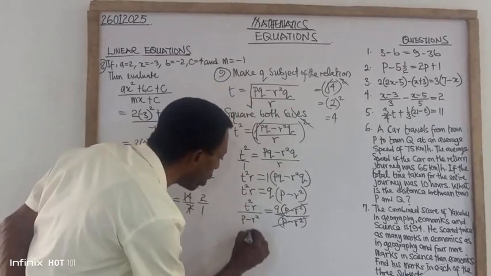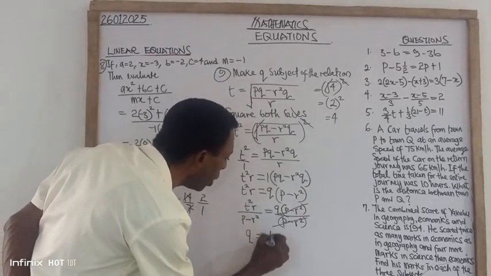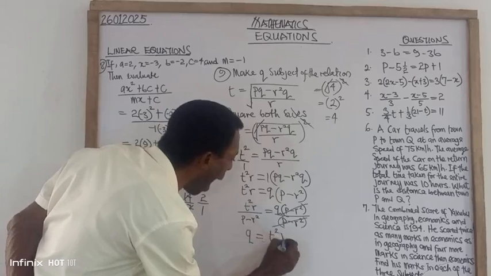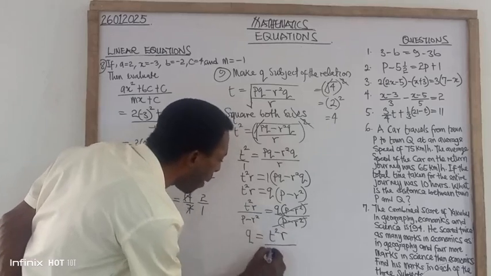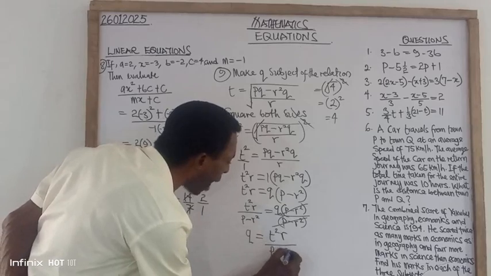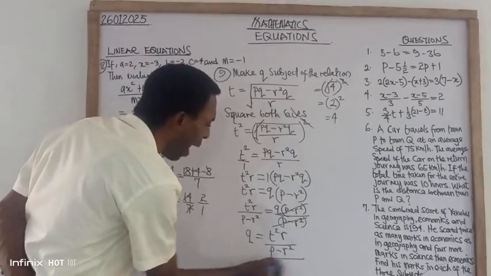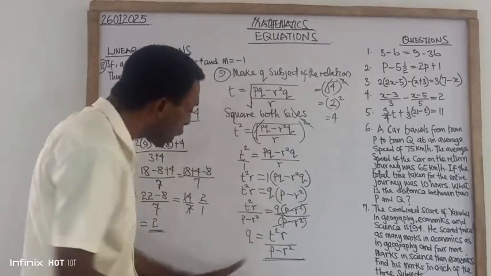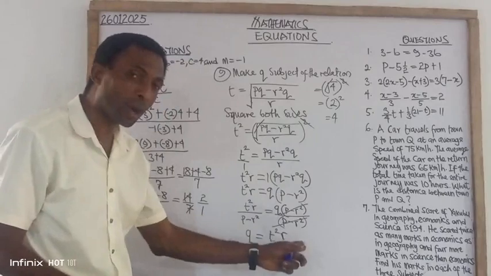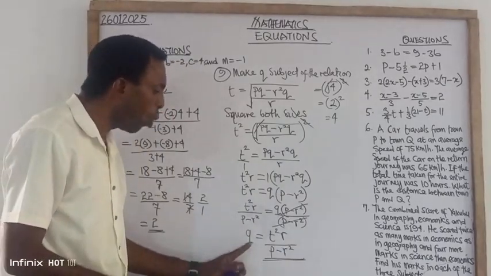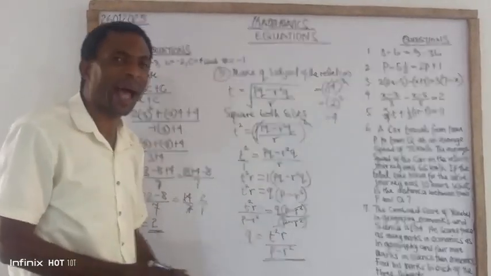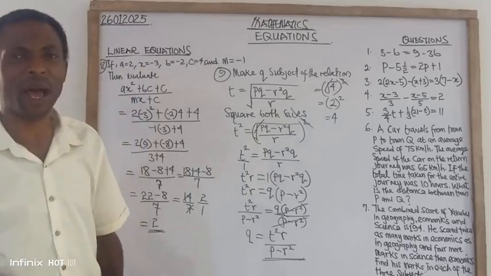So we have q. q now is equal to t squared r over p minus r squared. So this will be our final answer. Since we don't have q on the other side again, q is equal to this, and that remains our final answer.